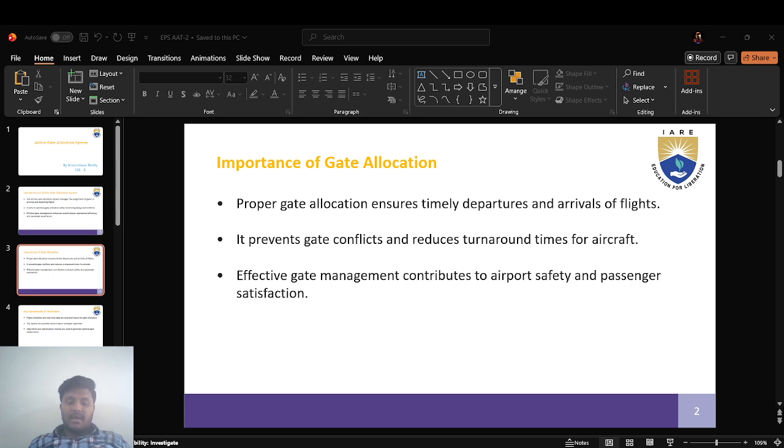Better safety and happier passengers. When gates are managed efficiently, airport operations are safer since planes are not moving around unnecessarily on the tarmac. Passengers also experience less waiting and fewer missed connections, making the journey more comfortable.